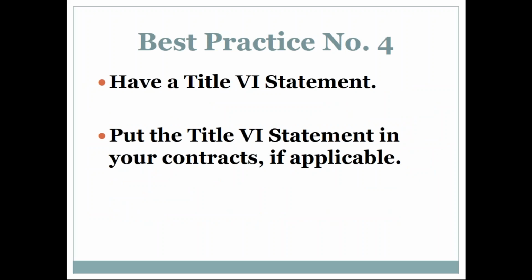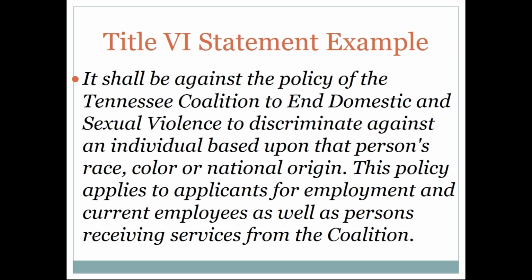So that brings us to the fact that you should have a Title VI statement, just in general. This statement is something that you can put in contracts, but it's also something that you can put, again, on posters, on brochures, on your website. So having this statement created and ready to go is really important. And this statement can be very simple.